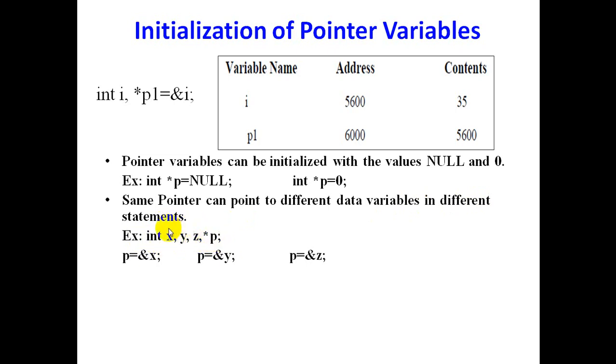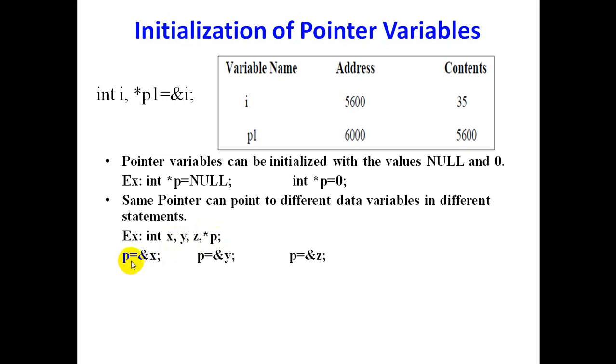These are declared in the data type int, and these are the variables and this is a pointer variable. Here I have declared three variables x, y, z and I am passing the address of these three variables to a pointer p.